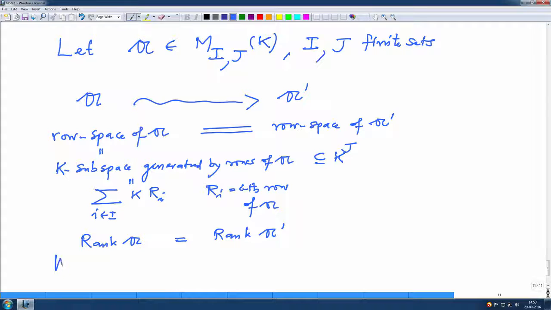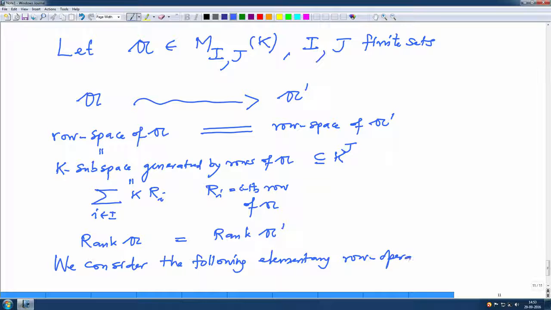So we consider the following elementary row operations on it. Okay, there are three types.